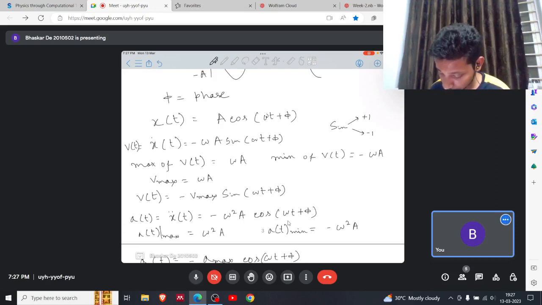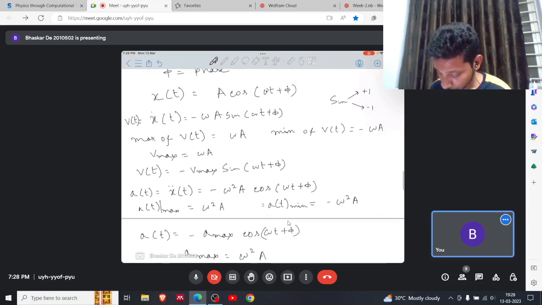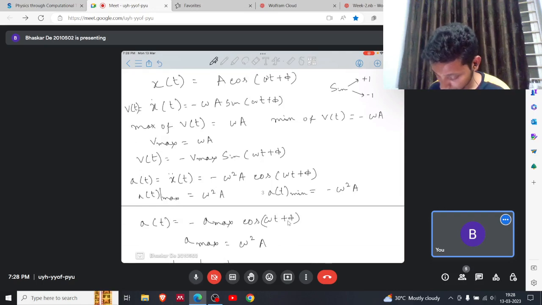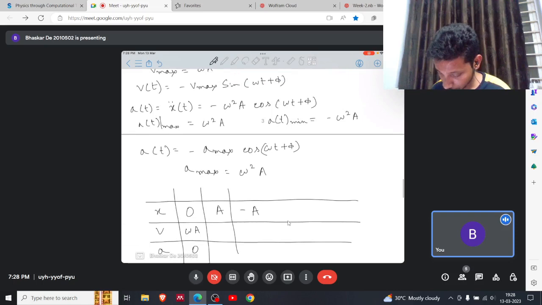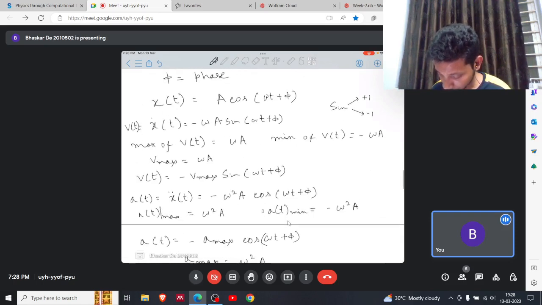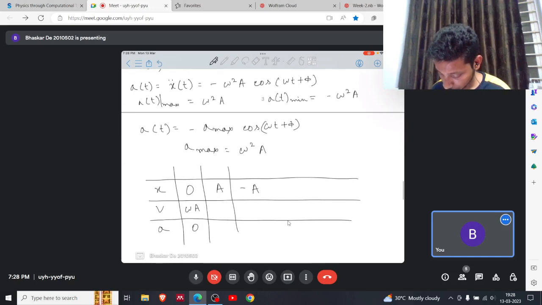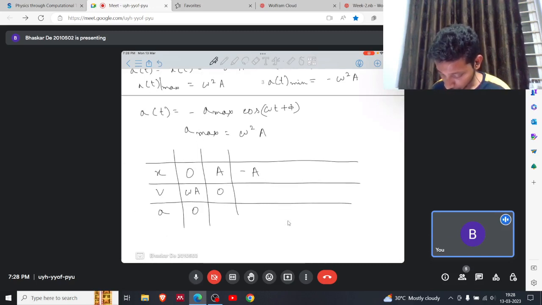Then the velocity is omega A and the acceleration is also 0. Then at x equal to A, where cos is maximum, the velocity will be 0 and the acceleration will be minus omega squared A.